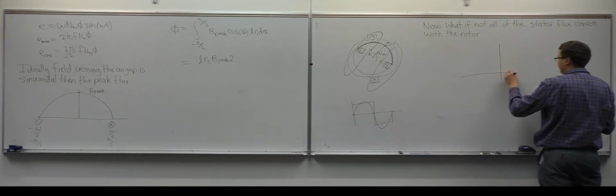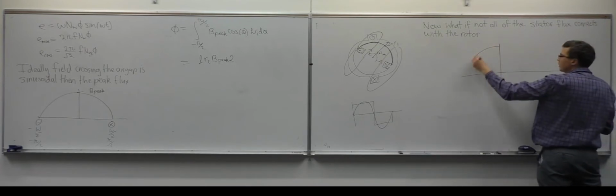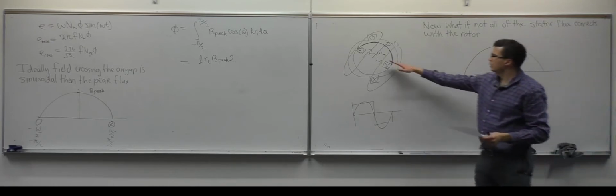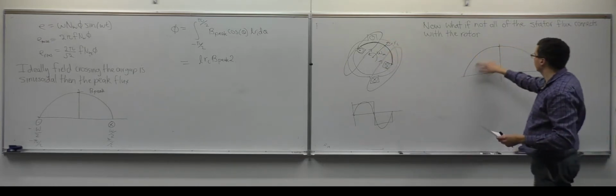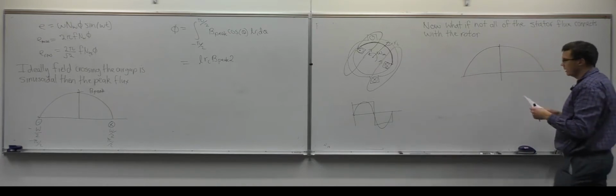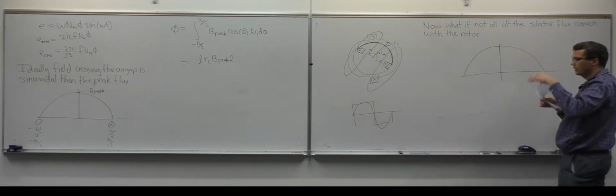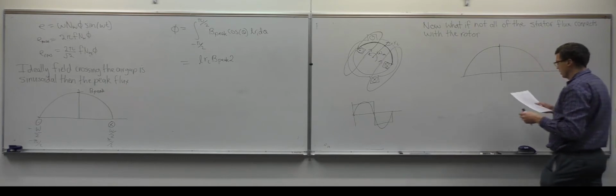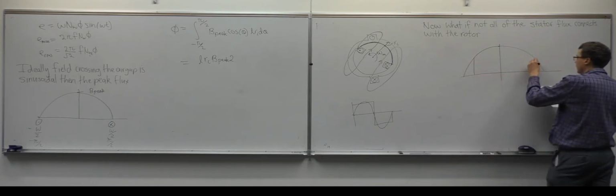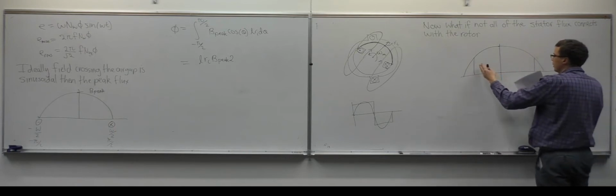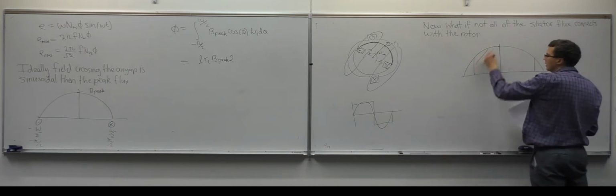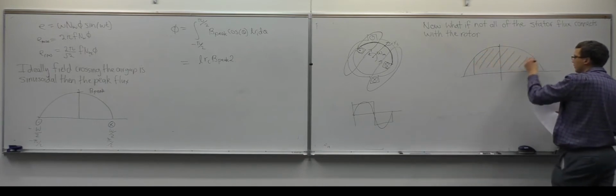So we still have this ideal case where the flux is going across as a sine, but not all of it is connecting because the coil pitch is different to the pole pitch. We can calculate that by only calculating the field going across a certain amount of the coil pitch.